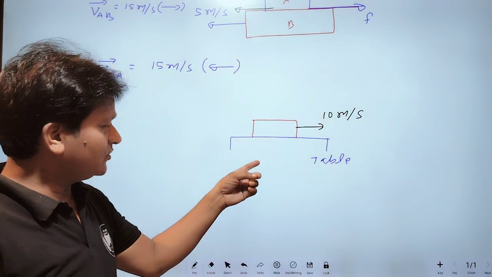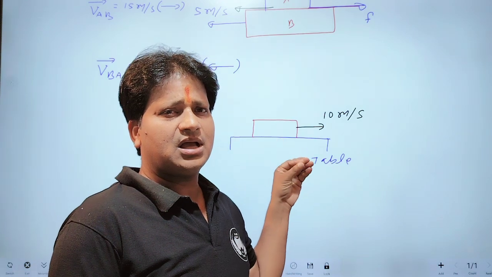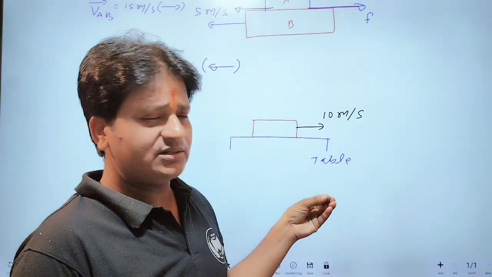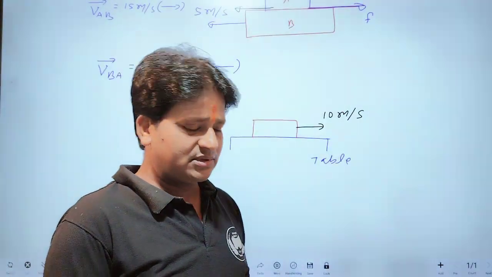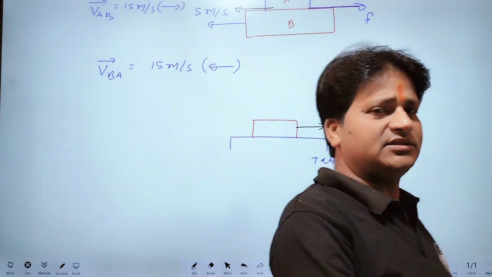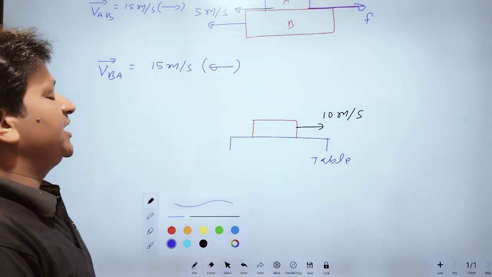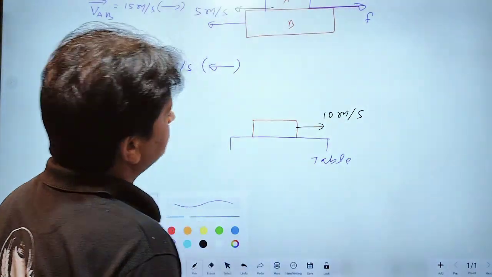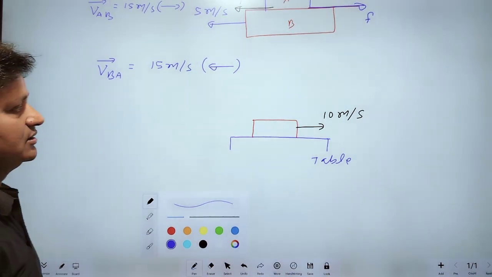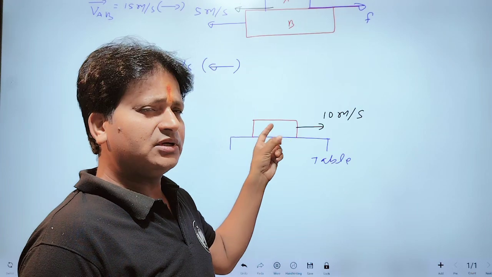The surfaces of the block and the table are rough. Therefore, we have to find the friction force acting between these two bodies. First of all, I am going to find the friction acting on the block due to the table.